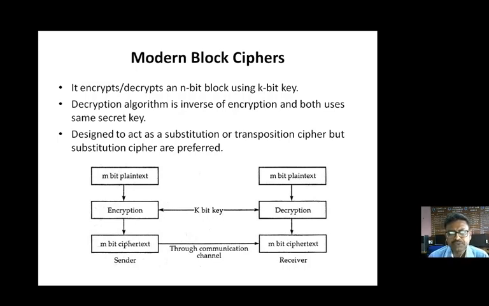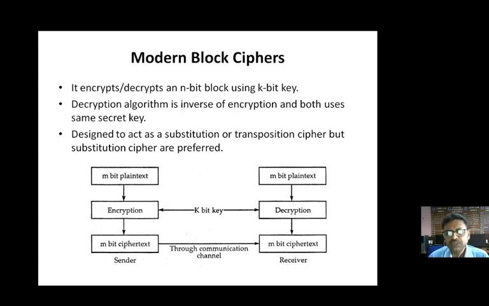In the case of a substitution cipher, suppose we have a 64-bit plain text. As I have already said, a modern block cipher uses binary digits as plain text, and we receive ciphertext also in the form of binary digits. Suppose in a particular block, the plain text is of size 64 bits, and out of that we have 12 zeros and 52 ones.